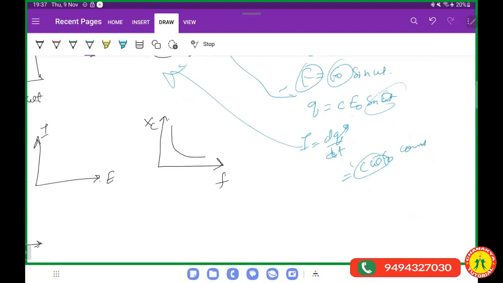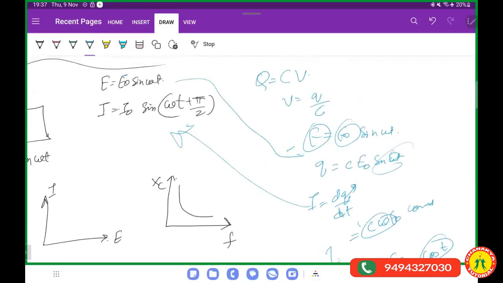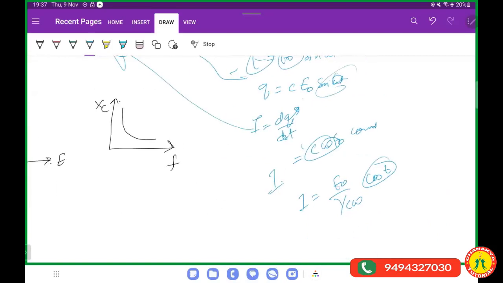So this one I can compare with I here. I equals E naught by 1 by C omega, cos omega t. But I want to compare with our original equation, that is sine. If I want to convert cos to sine, sine of theta plus pi by 2 will give you cos theta.